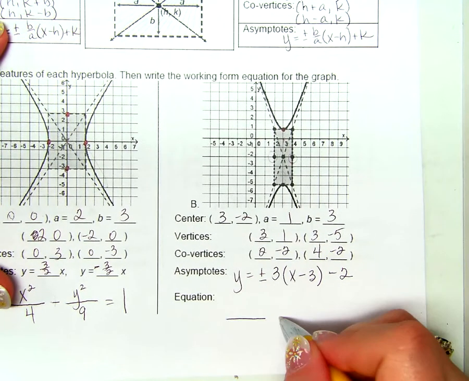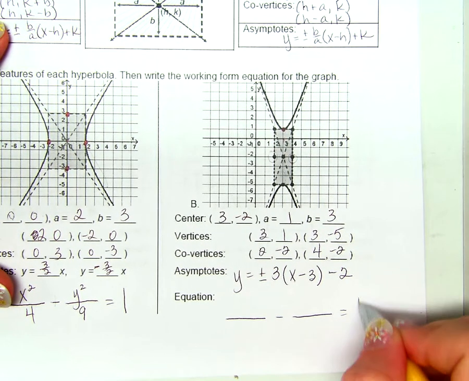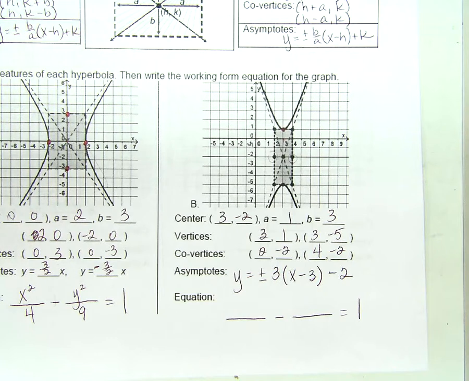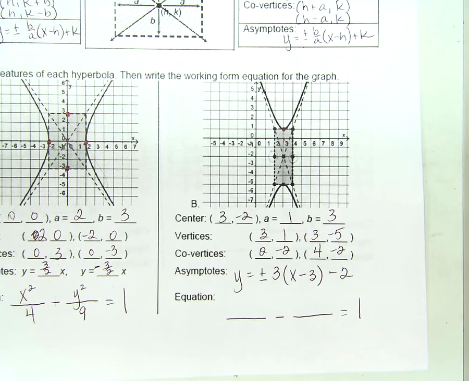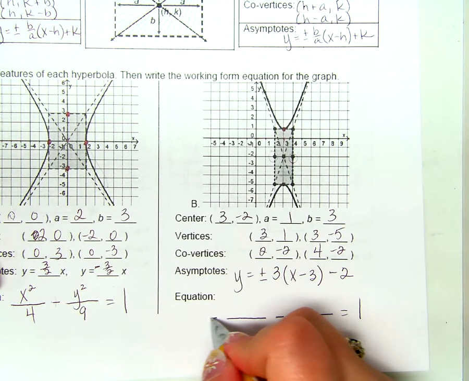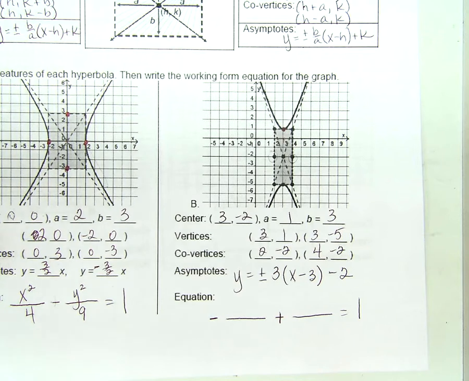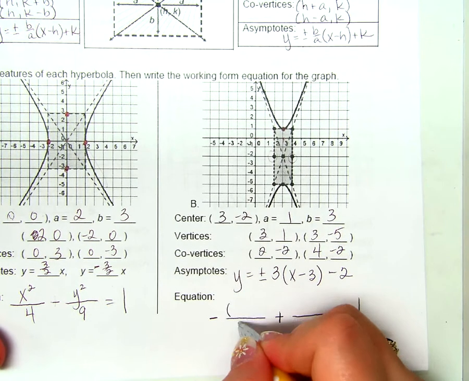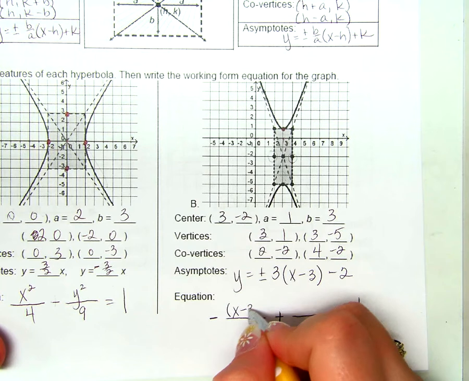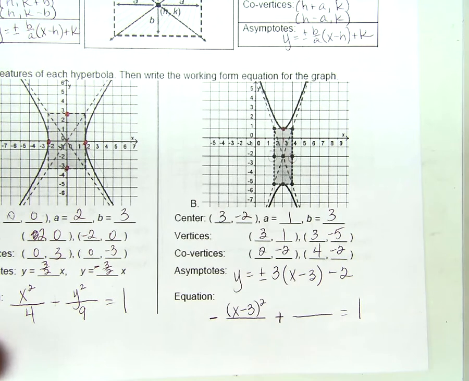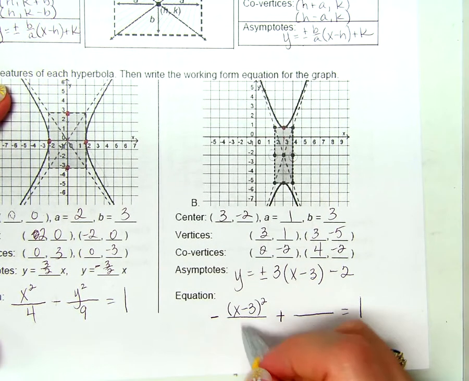Equation. I'm going to give myself the pattern to fill in. But this time, what do I already know? This is a minus, this is a plus, isn't it? Okay? So X minus 3 squared over 1.